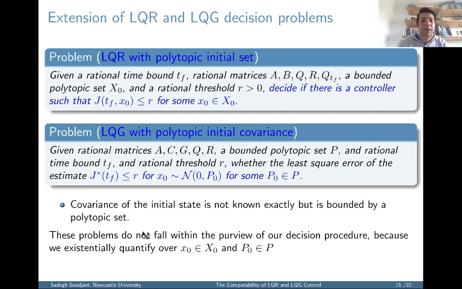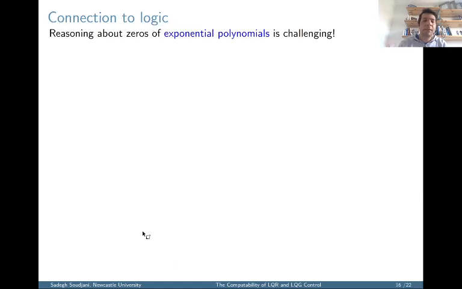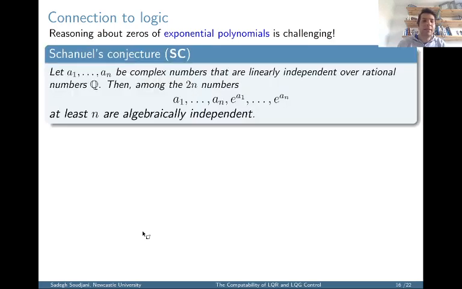To establish decidability of these problems, we need stronger tools from transcendental number theory because reasoning about zeros of exponential polynomials is challenging, and the tool I'm using is Schanuel's conjecture.